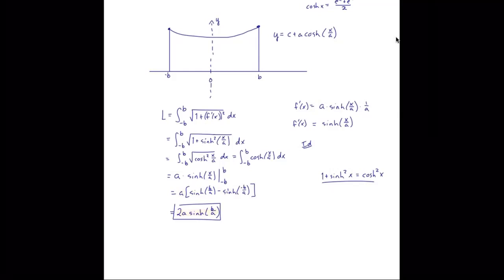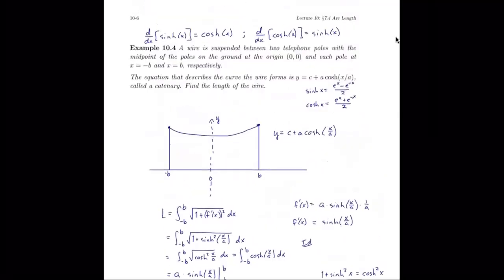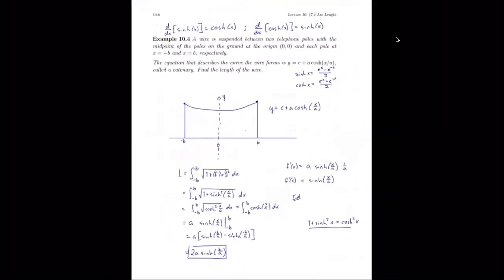So that may have been a little bit of a crash course in hyperbolic trigonometric functions. We just saw their definition, we saw one of their identities, and we've seen their derivatives now. If the reader wants to know a little bit more about these things, which is useful because we'll see a couple more problems with these hyperbolic functions, take the derivative, prove this derivative formula with this definition that we have here.